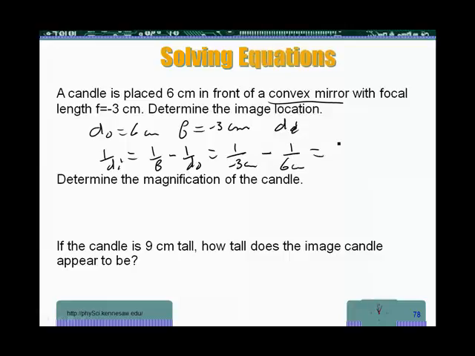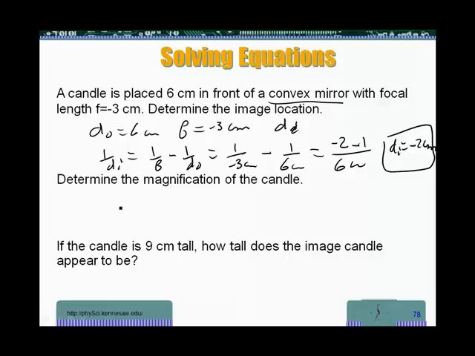So this is -2 over 6, minus 1 over 6 centimeters. So this is -3 over 6. So that gives me DI equals -2 centimeters. So my DI is -2 centimeters, telling me that with the minus sign, it's behind the mirror.